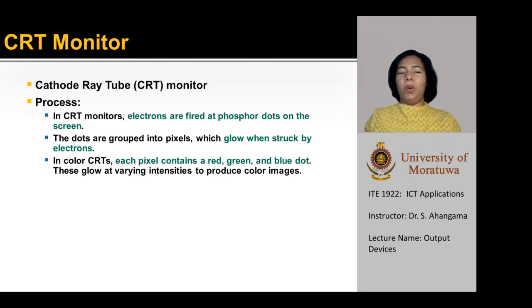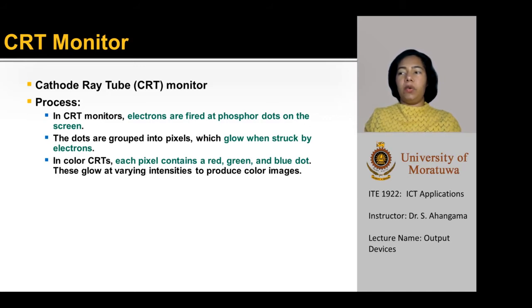CRT monitor or cathode ray tube monitor. This is one of the most traditional computer monitors. It is big and bulky. The process of a CRT monitor is as follows. In CRT monitors, electrons are fired at phosphor dots on the screen.